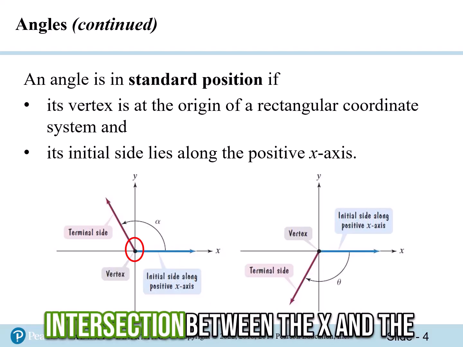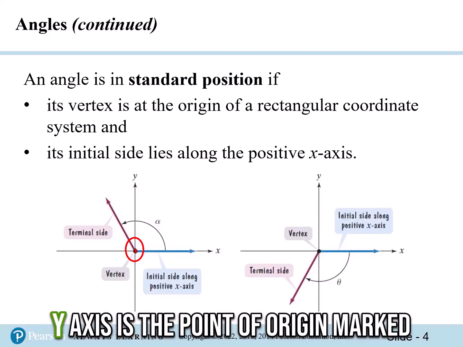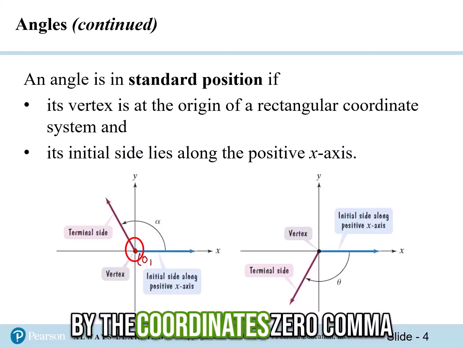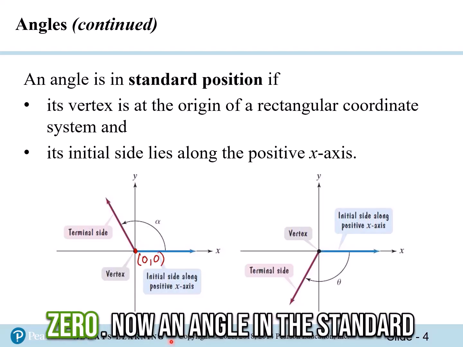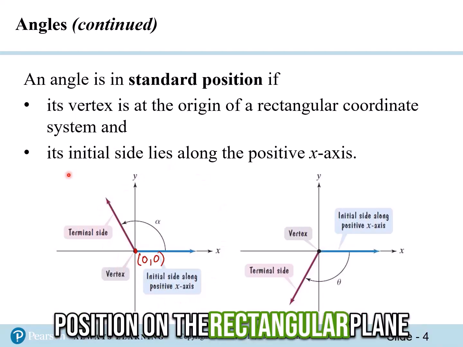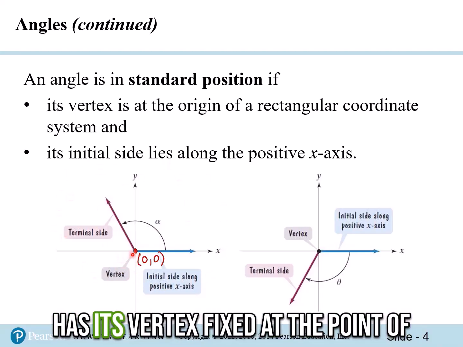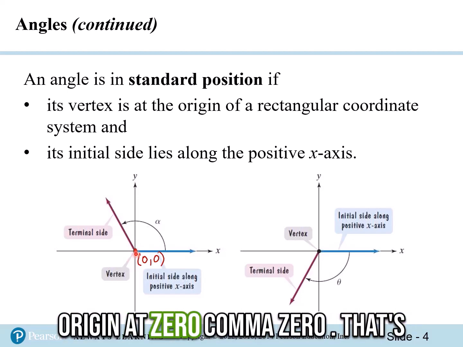The point of intersection between the x and the y axis is the point of origin marked by the coordinates 0, 0. Now an angle in the standard position on the rectangular plane has its vertex fixed at the point of origin at 0, 0.